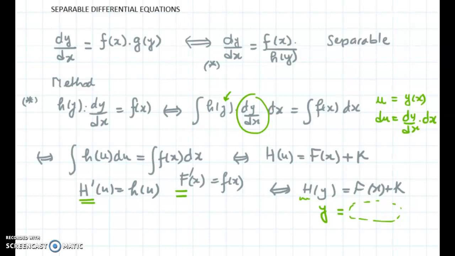Let's see one example. The differential equation we are going to try to solve is the following. dy/dx is equal to 5y squared plus 9x squared y squared. First of all, we need to write it in the form that is separable. So we need to have a function of x times or divided by a function of y.